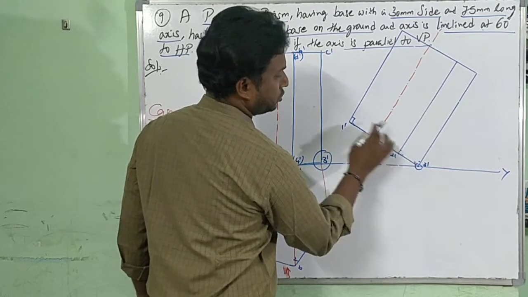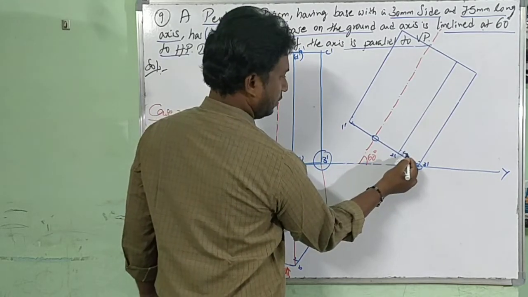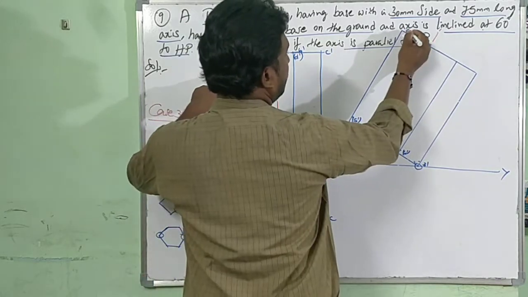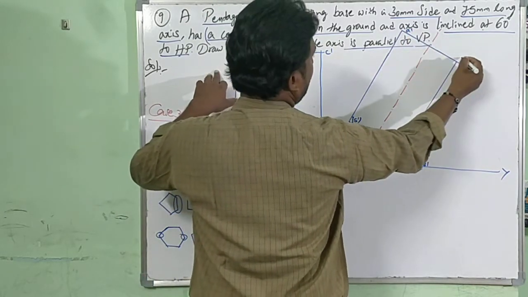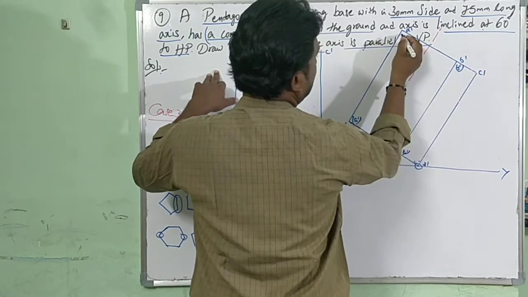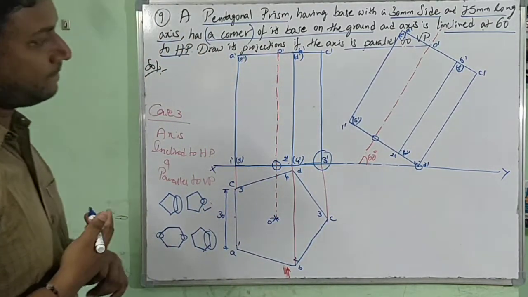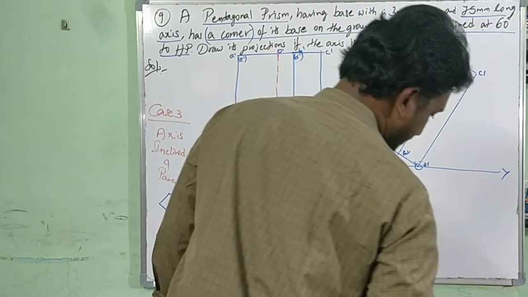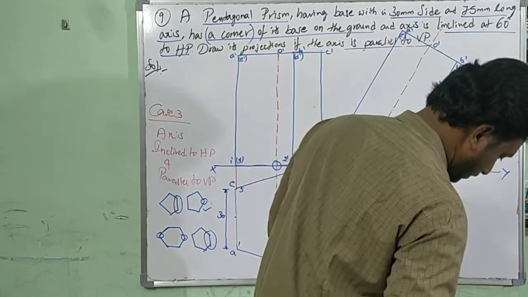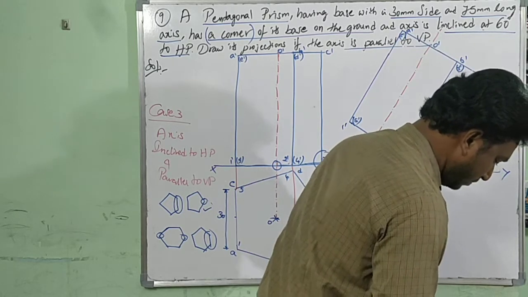All these are supposed to be maintained and drawn correctly. 1 dash, 2 dash, 3 dash, 4 dash inside, 5 dash inside. Now same way here, A dash, B dash, C dash, inside D dash, here inside E dash, this becomes O dash. When you draw 60 degrees exactly, it will give you the measures.